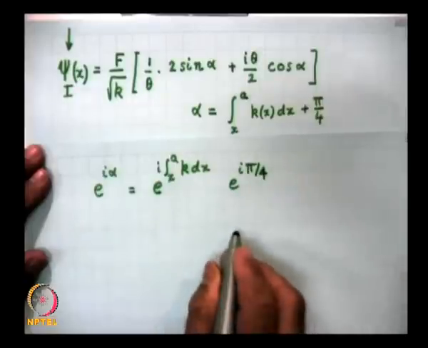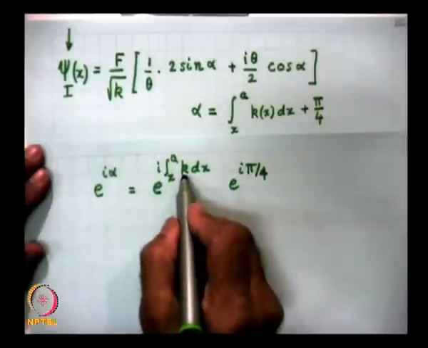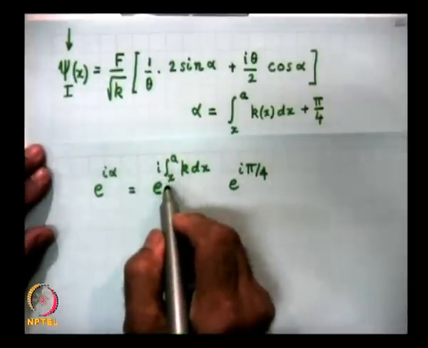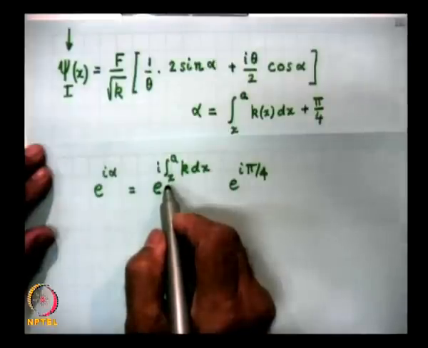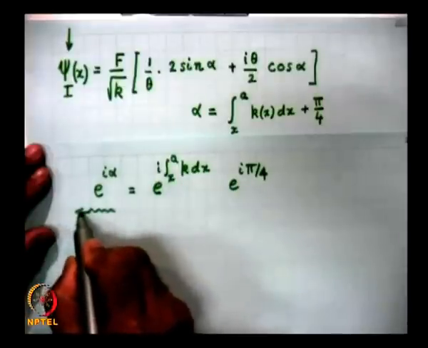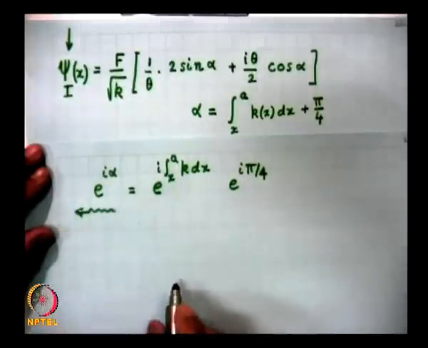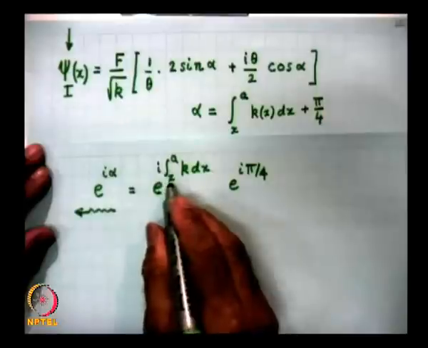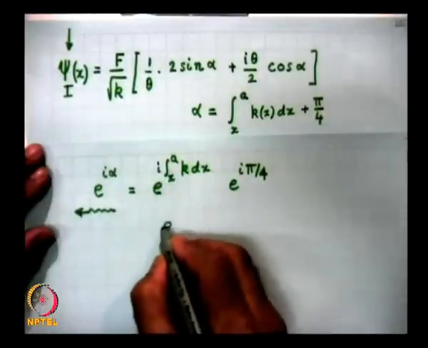What I want to tell you is that if k was constant, then this will be e to the power of minus I kx, since x appears in the lower limit.